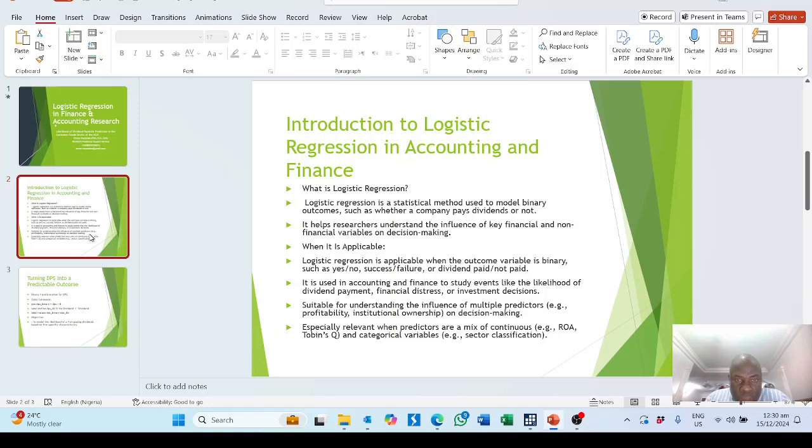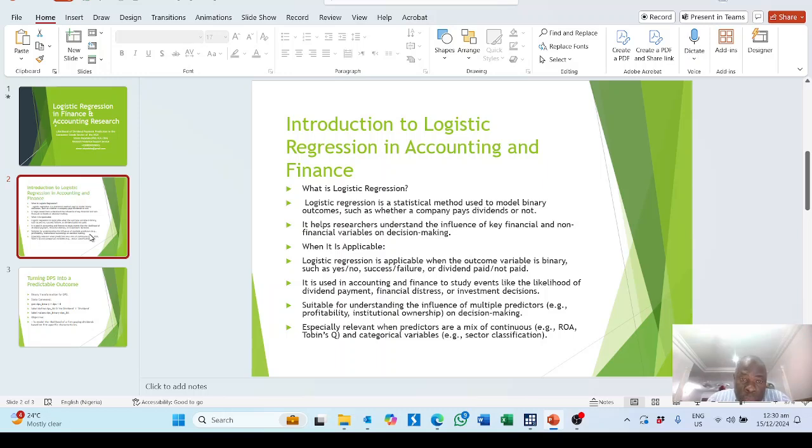regression. It is used in accounting and finance to study events like the likelihood of dividend payment, as we shall see in this video. We will use Stata to model the likelihood of dividend payments. It is suitable for understanding the influence of multiple predictors, such as profitability and institutional ownership, on decision making.